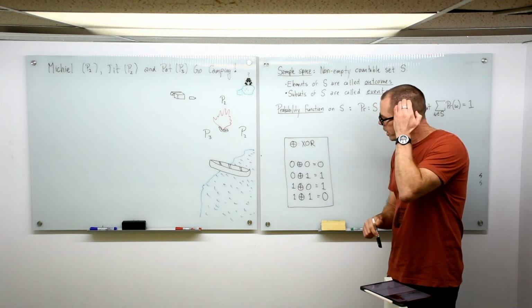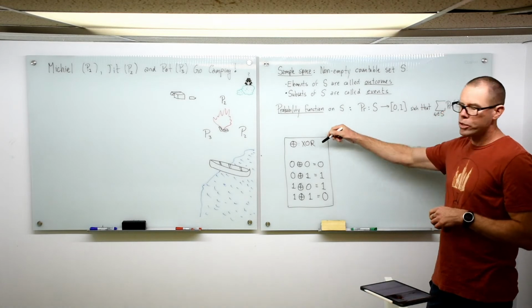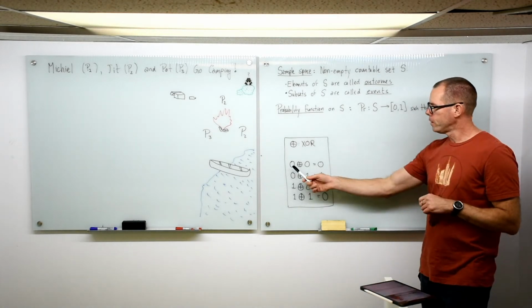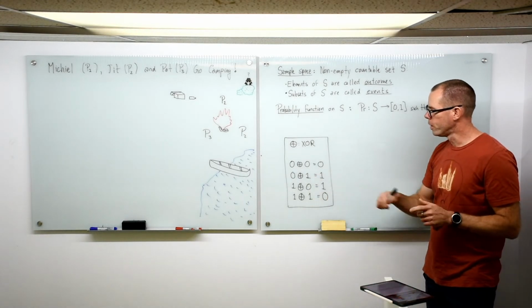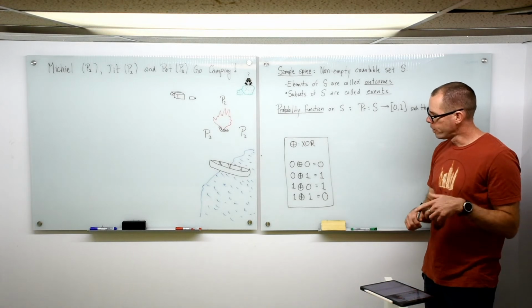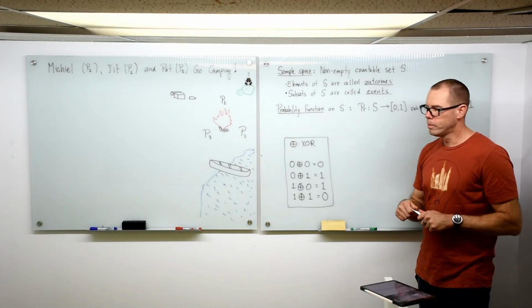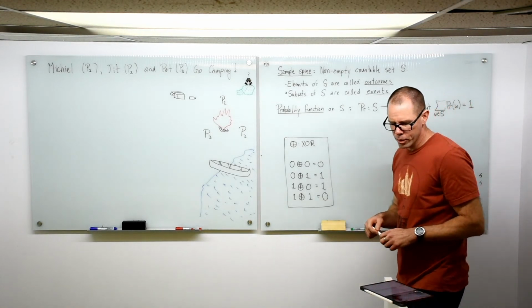And the protocol is going to make use of this XOR arithmetic, which is just arithmetic modulo 2, right? So in this arithmetic, 0 plus 0 equals 0, 0 plus 1 is 1, 1 plus 0 is 1, nothing very exciting, but 1 plus 1 is 0. Okay. So this is the arithmetic that they'll use.